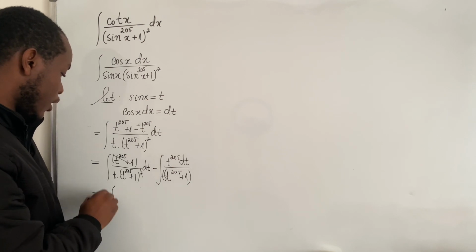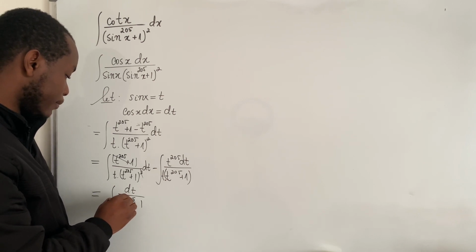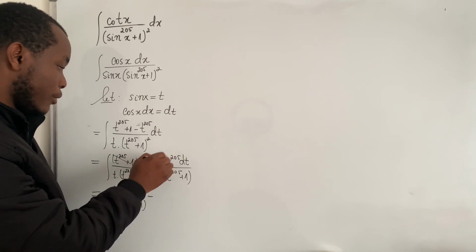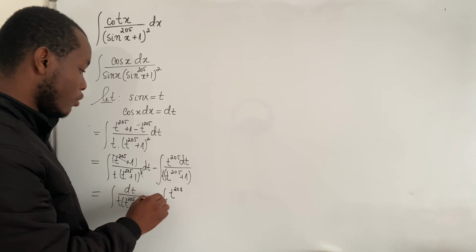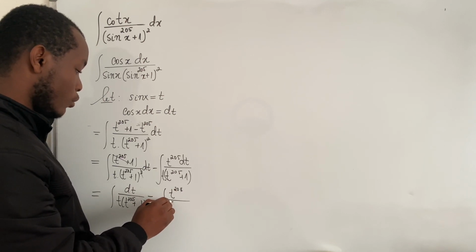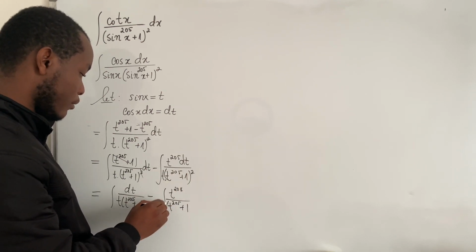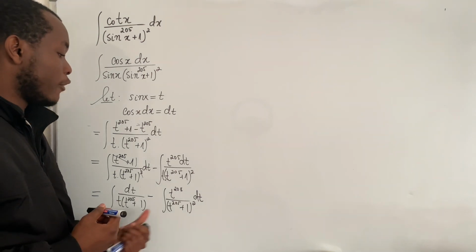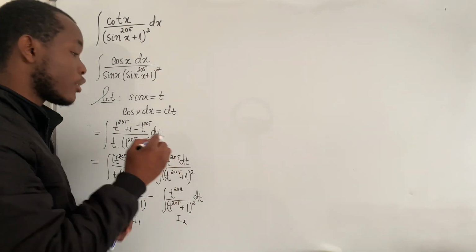So we will have integral dt over t times t to the power 205 plus 1, minus, this t can cancel with the t to the power 205, so it will be t to the power 204 over t to the power 205 plus 1. This is still squared. Yes. Now we have two integrals. I can call this integral 1 and this integral 2.